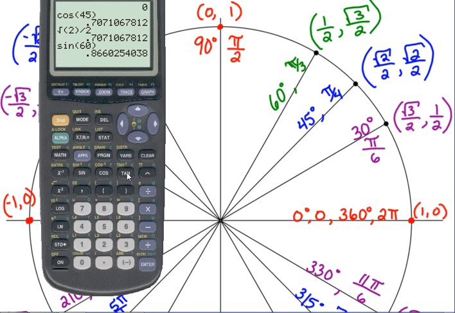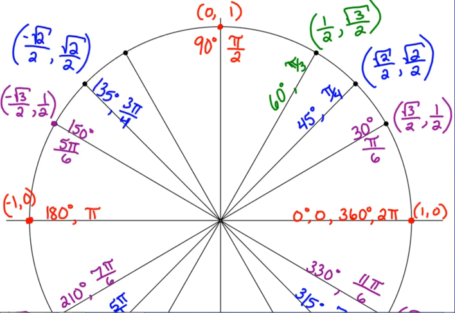So its x coordinate is the square root of 3 over 2, its y coordinate is 1/2. 60 degrees is a steeper angle, so its y coordinate is bigger than its x coordinate. Its y coordinate is the square root of 3 over 2, and its x coordinate is 1/2. Does that kind of make sense? If you think of it from a visual perspective, 30 is more shallow, so it's got more in its x coordinate. 60 is steeper, it has more in its y component.